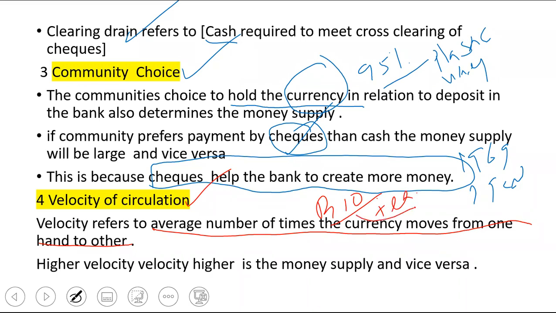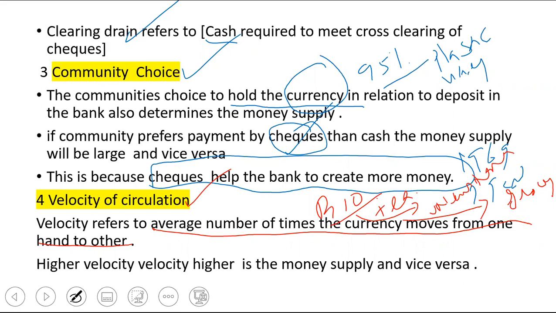So this 10 rupees goes to the tea seller. I am explaining velocity. The tea seller buys a newspaper, so this 10 rupees goes to the newspaper seller. Then the newspaper seller uses this 10 rupees to buy groceries. Now this 10 rupees reaches the grocer. The grocer uses this 10 rupees to buy tomatoes.